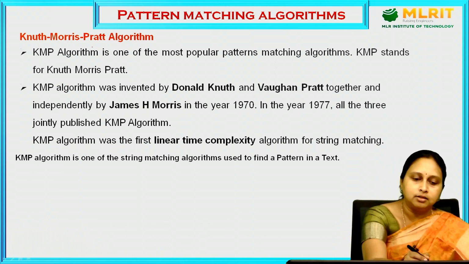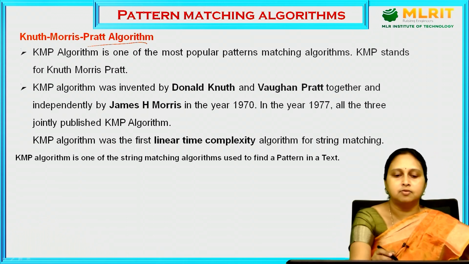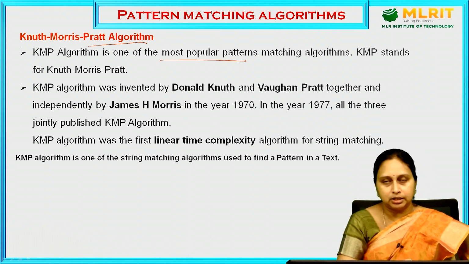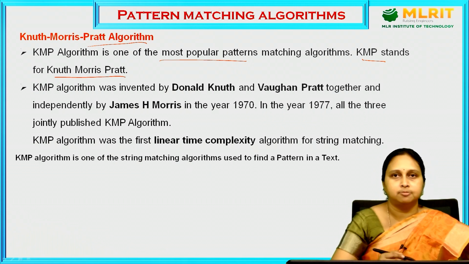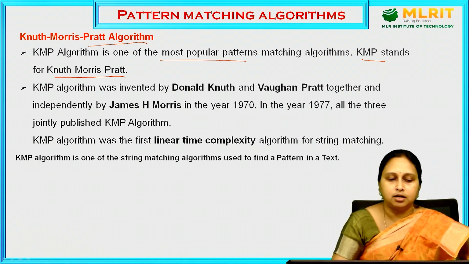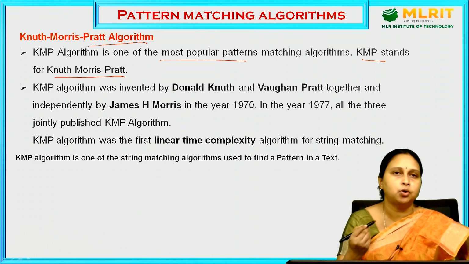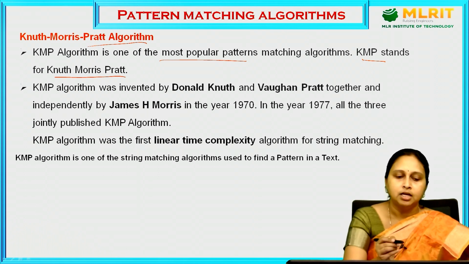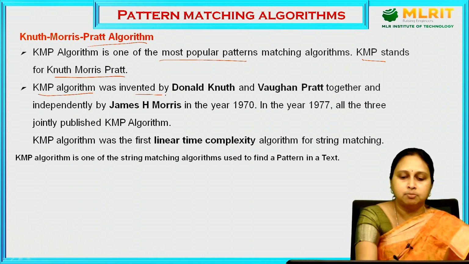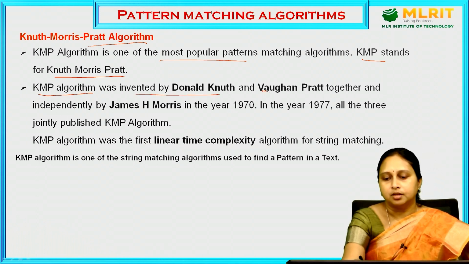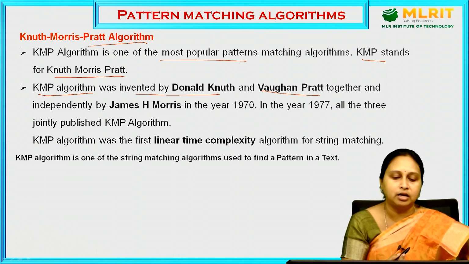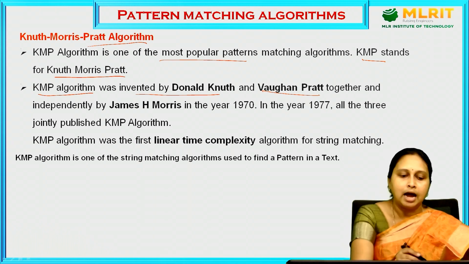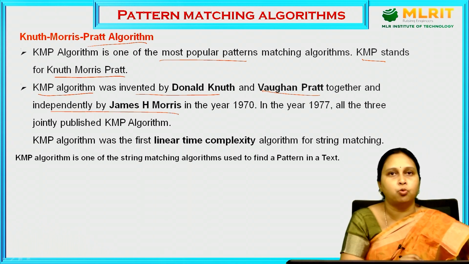The Knuth Pratt algorithm is one of the most popular pattern matching algorithms, and KMP stands for Knuth, Pratt, and Morris. These are the persons who invented this algorithm. It was invented by Donald Knuth and Pratt, who developed it together, and independently by James H. Morris.